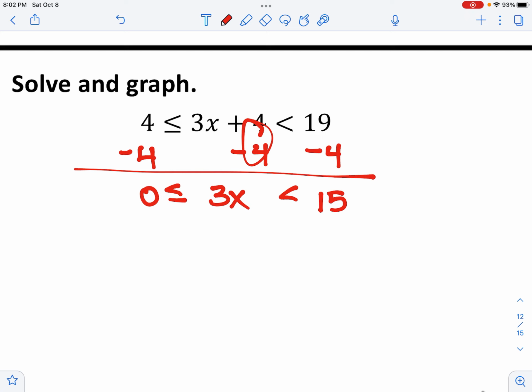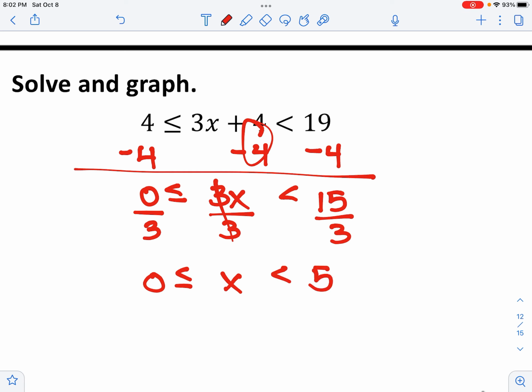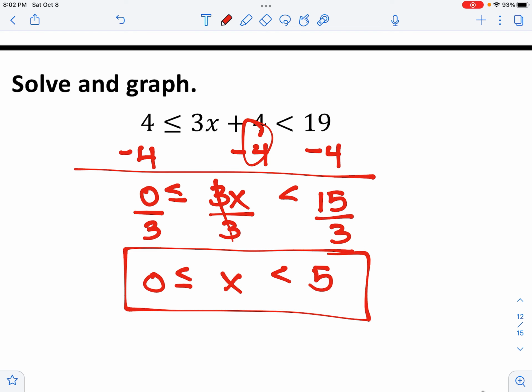Now, again, I want to just pretend like this isn't there, and I'm just going to divide by 3 to get that x by itself. But I have this other one over here on the left, so now I'm going to bring that back and pretend like it is there now, because it is. And so then I'm just going to divide everything by 3. So this will be 0 is less than or equal to x, which is less than 5. So now that is my answer.